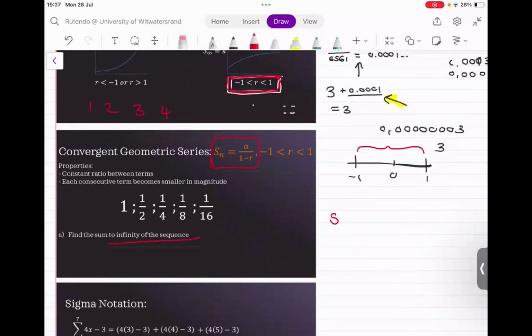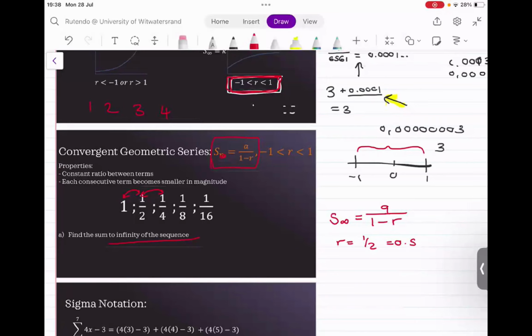I just couldn't get this to be an infinity sign. It is going to be equal to A, your first number, over 1 minus your R, right? In this case, what is my R? What is the number that I'm multiplying by to go from there to there and there to there? One over 2. So my R is equal to 1 over 2 or 0.5.